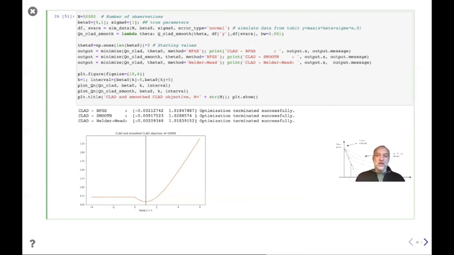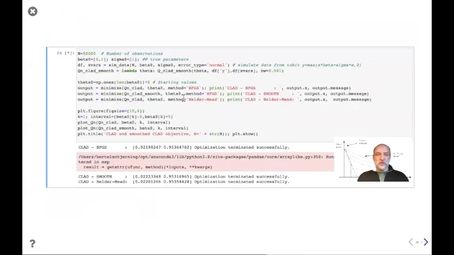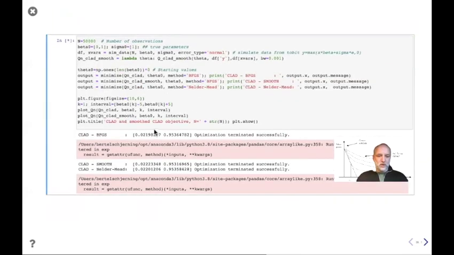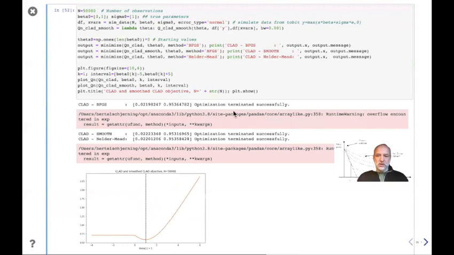So here with 50,000 observations, well, maybe you don't actually need that much smoothing. So you could probably do a very, very small smoothing parameter. And here you can see BFGS didn't actually like it, but the smooth one did come up with a result nicely.